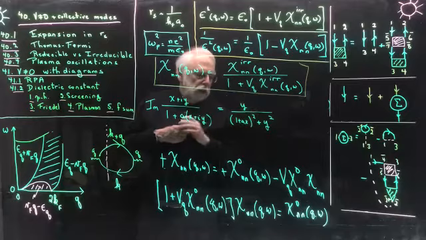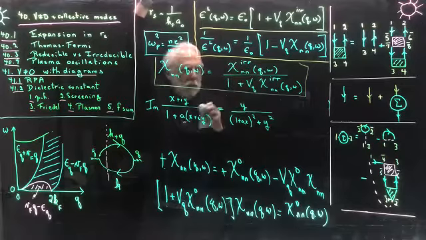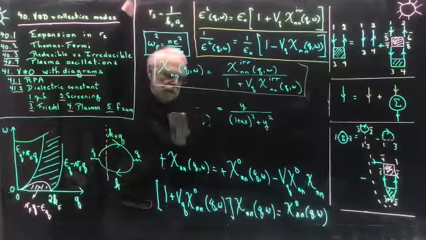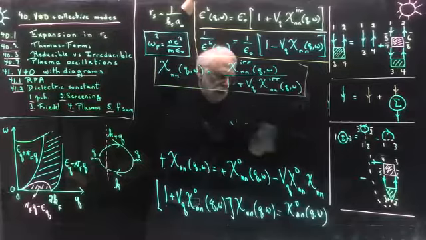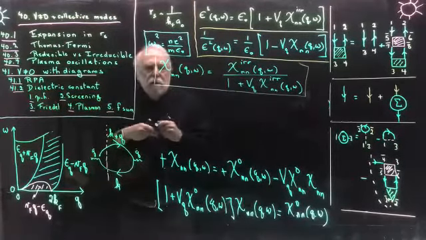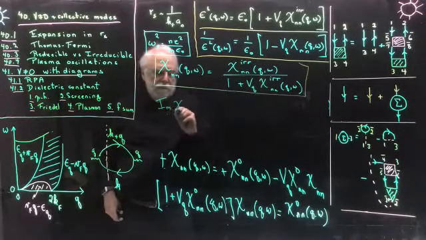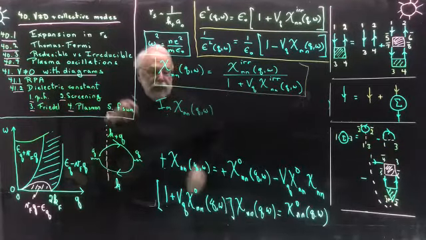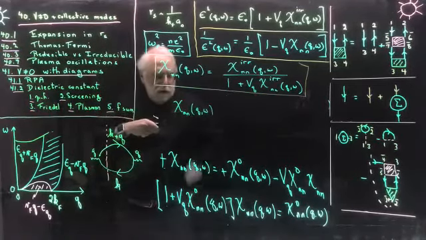Well, I mean, there are some constants, but okay. So if I look at the imaginary part of this, let me write this as chi prime prime just to make this a little bit shorter.